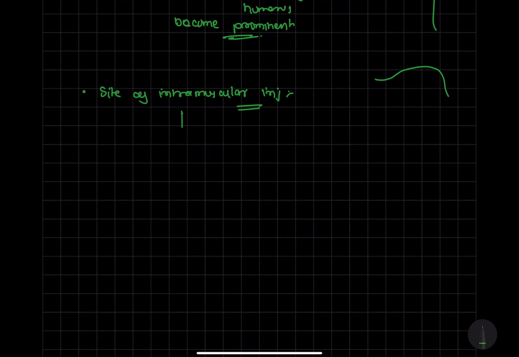Now where do we generally give this intramuscular injection? We give it in the lower half of the deltoid. The common site for intramuscular injection is the lower half of the deltoid. Why do we give it here? Because we have to avoid injury to the axillary nerve.